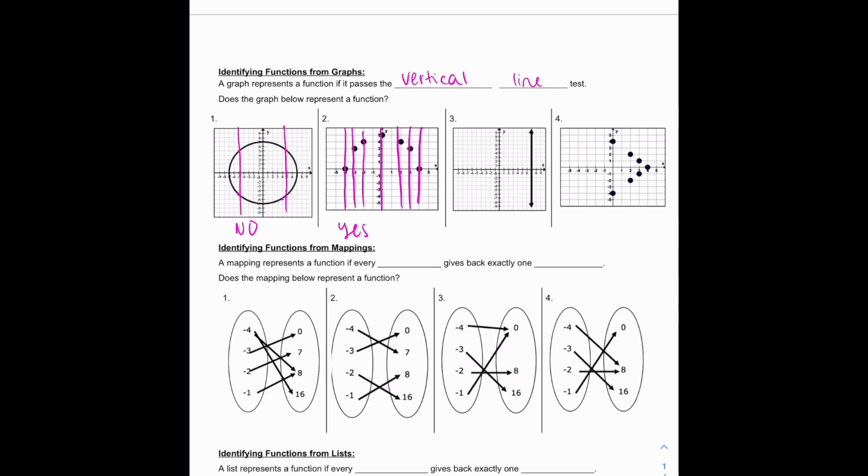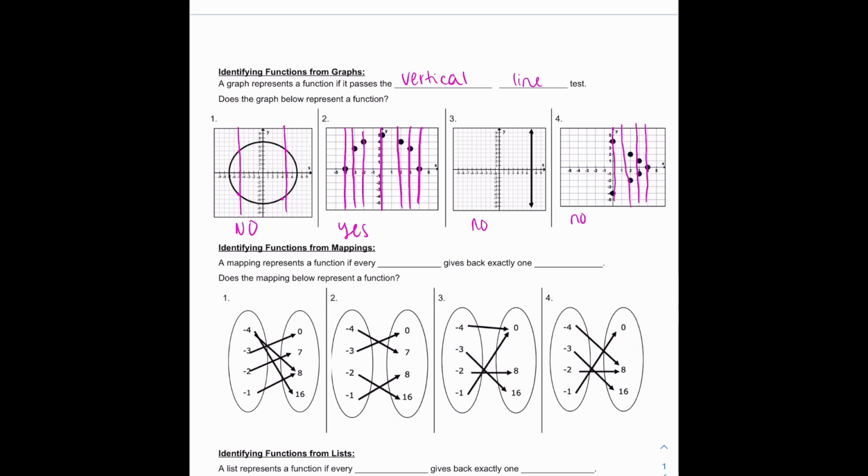No, it does not, because there's clearly more than one point passing through this line going on here. And then number 4, drawing out our vertical lines. Does this pass the vertical line test? No, it does not, because more than one point goes through each line.